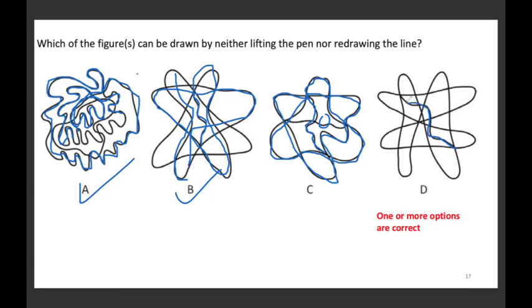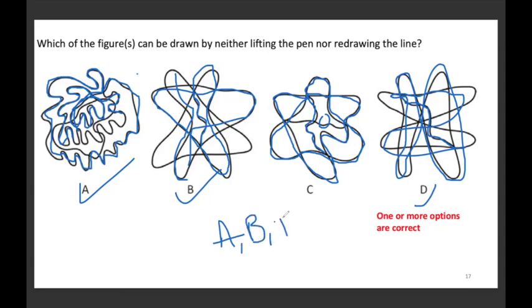You can start from here and then you can try working out that loop, and then you will be able to shift from one form to another without any issue. So D also works. So the answer is A, B, and D. Except for C, all 3 are correct. Okay, we'll move to the next one.